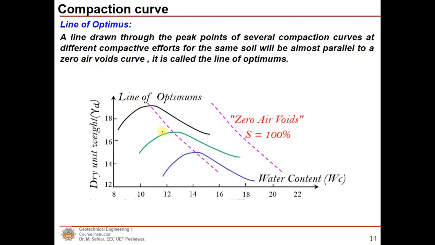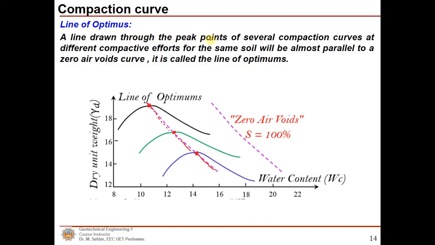There is another line which can be drawn from the maximum dry unit weight, or the peaks of the compaction curve.